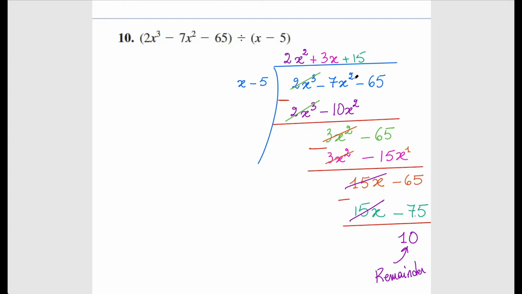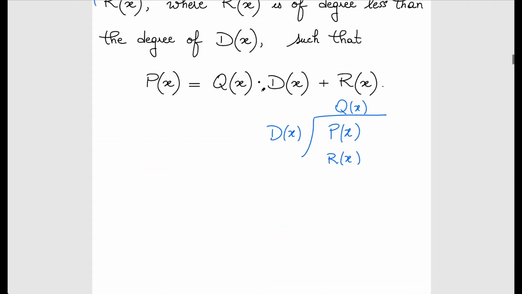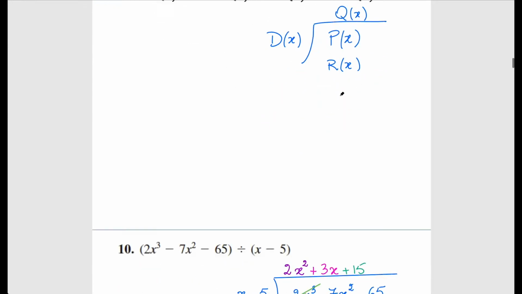The dividend is equal to the divisor times the quotient plus the remainder. This is what the theorem tells us, right? So the polynomial, the dividend p, is equal to the divisor times the quotient plus the remainder. All right.